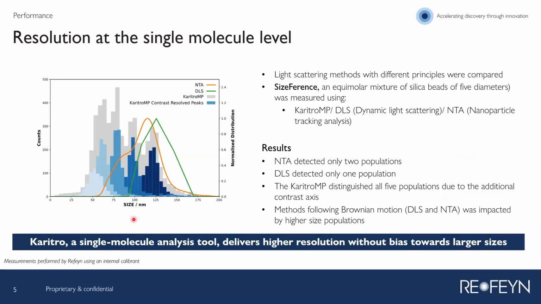As you can see from the image, the DLS, represented in green, was only able to resolve one population. NTA, represented in orange, was able to resolve 2 populations. But neither of these 2 technologies, which follow the principle of Brownian motion, was able to detect all 5 populations in the mix, showing that these 2 methods have a bias towards higher size populations.